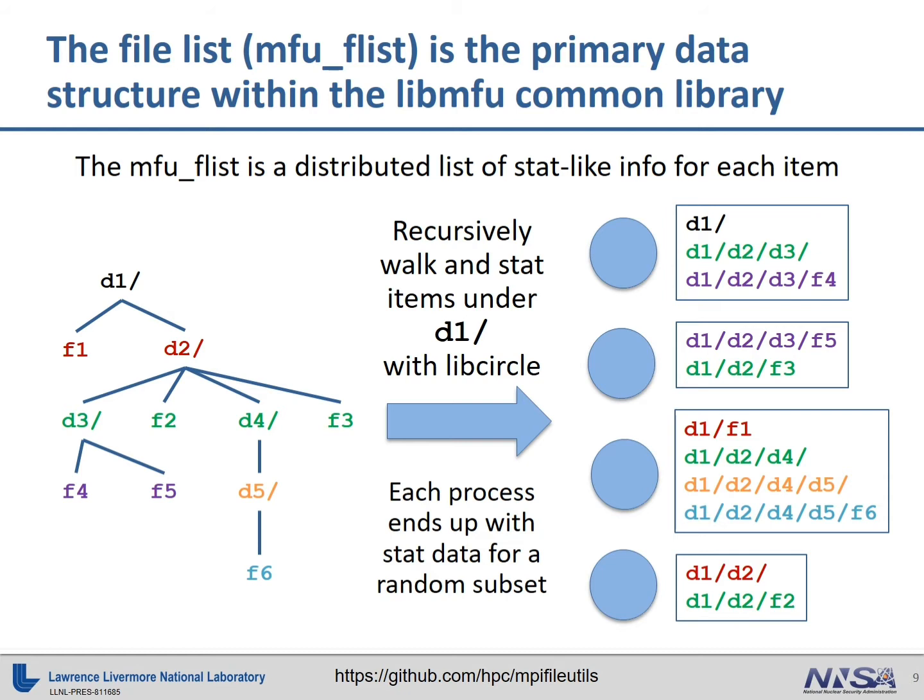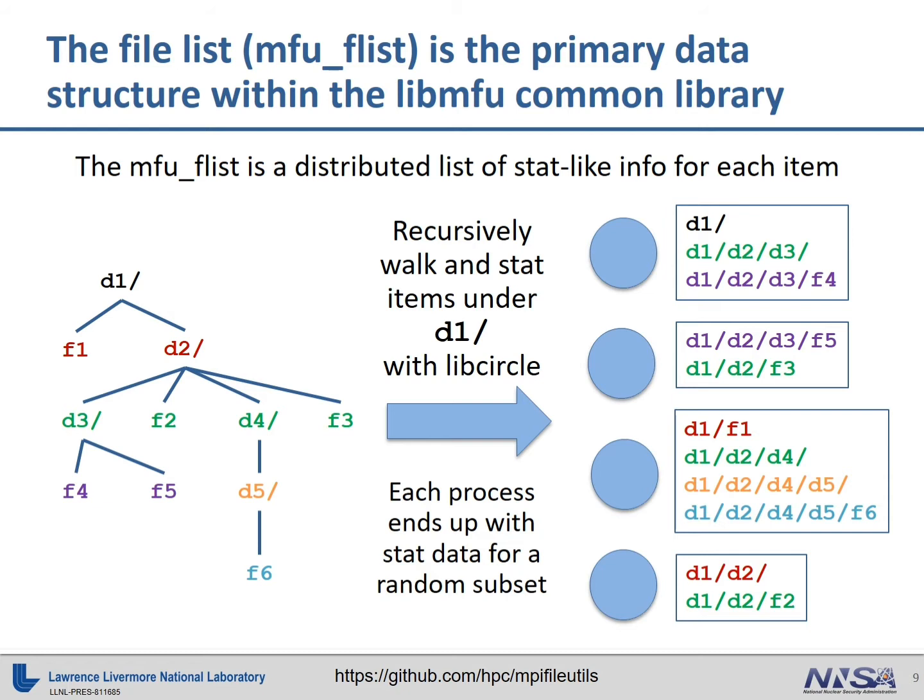So now with that background, let me dive a little bit into the common library, libmfu. The most central concept in the common library is what we call the file list, or the mfu flist. This is a distributed list across the set of processes, where each process has a subset of the global list, each element being the stat-like information for an item on the file system.